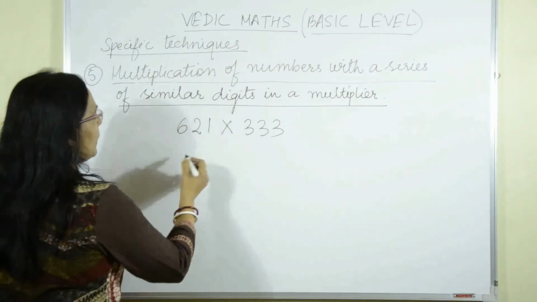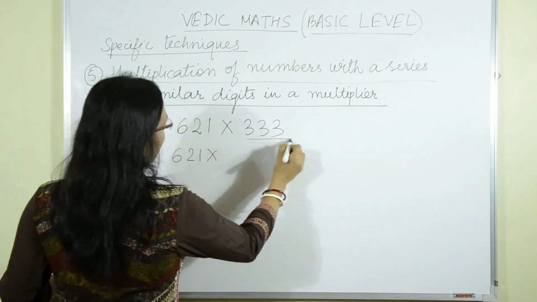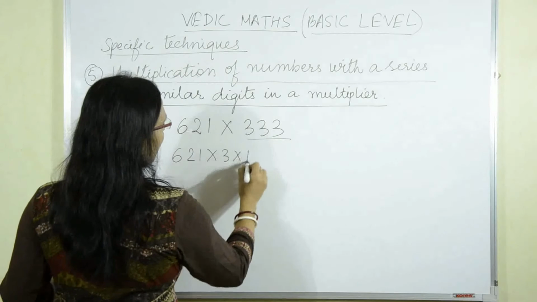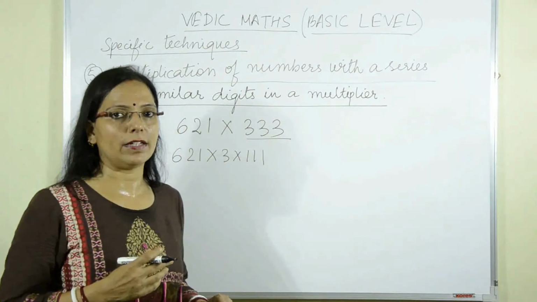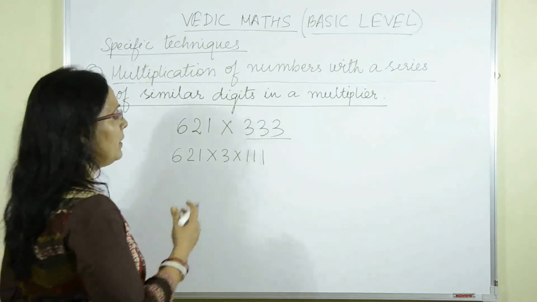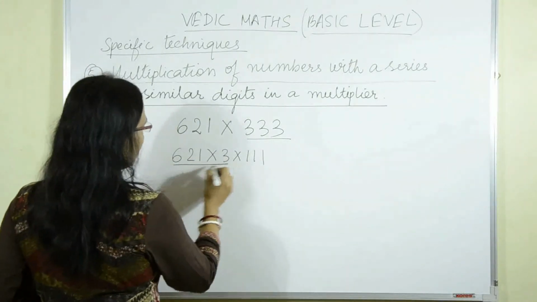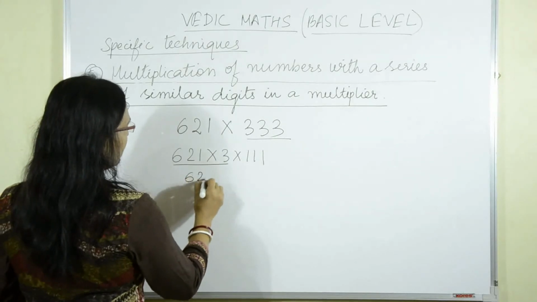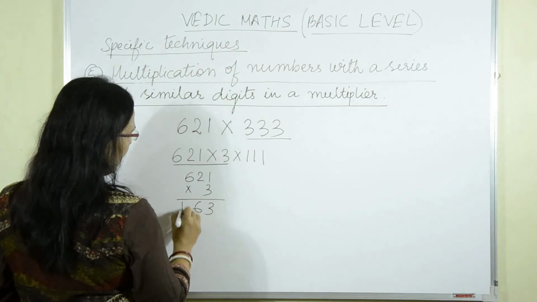I have similar digits in the multiplier. Now how do I do it? Here I have to bring it down to this and break up 3 into 111. So I am taking it to the last form that we have done just now. We have discussed the series of 1. Now here I multiply 621 by 3, which is 1863.